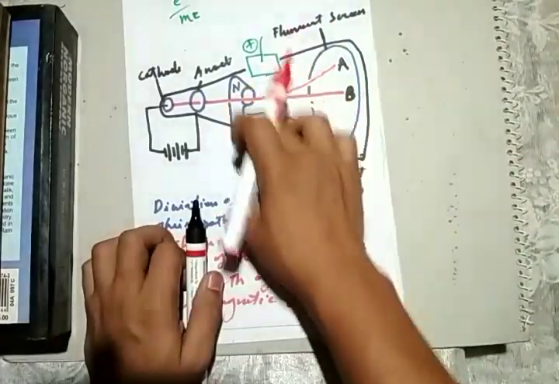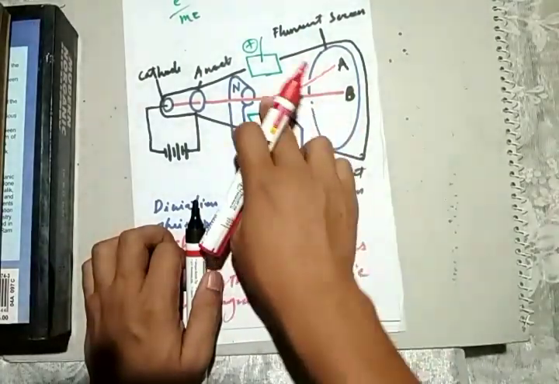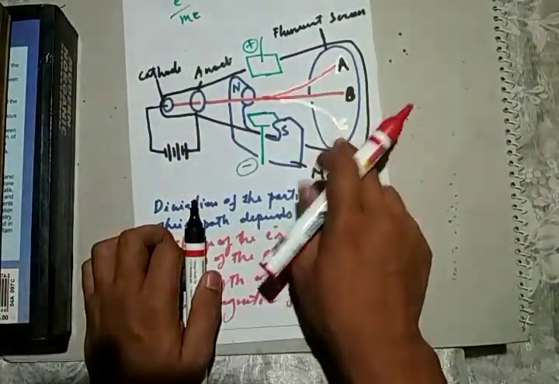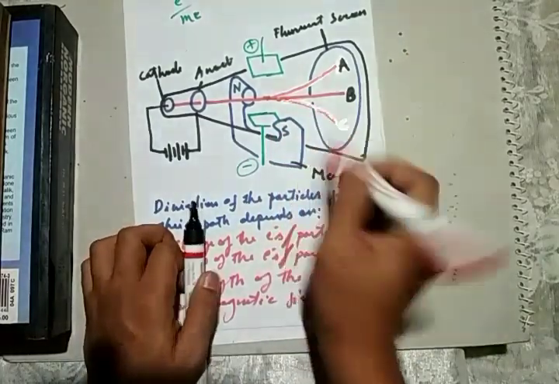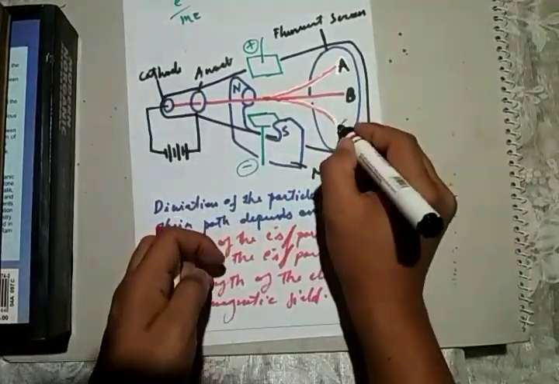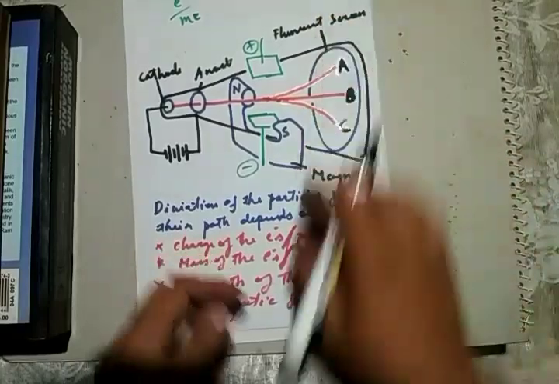Next he only applied the magnetic field and he observed a deviation towards the point C on the fluorescent screen.